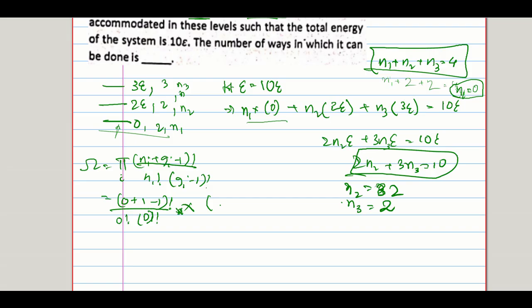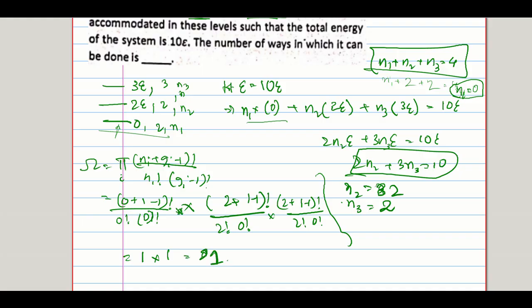For the second level, n2 is 2 plus 1 minus 1 factorial over 2 factorial, 0 factorial, and again the same for the next. So it's 2 factorial by 2 factorial, into 2 factorial by 2 factorial. So it's one way it can be done.